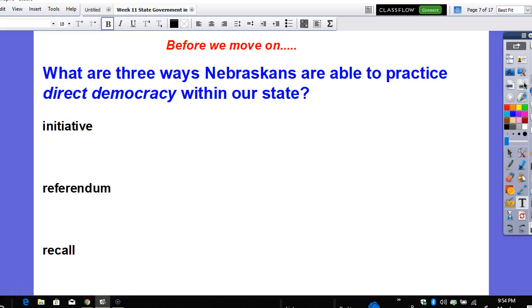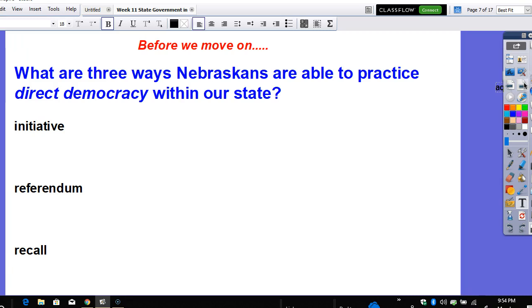A petition is passed around. If a certain percentage of the voters in that community decide to go with a recall, there is an election held, and the election basically says, should so-and-so be retained in office, keep their position, or should they be recalled? And if the majority of people in that area say that person needs to be recalled, then that person is removed from office. So 3 ways here in Nebraska that we practice direct democracy.